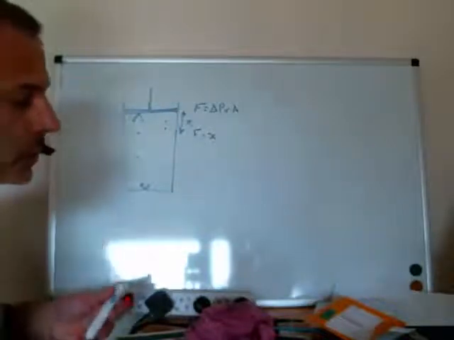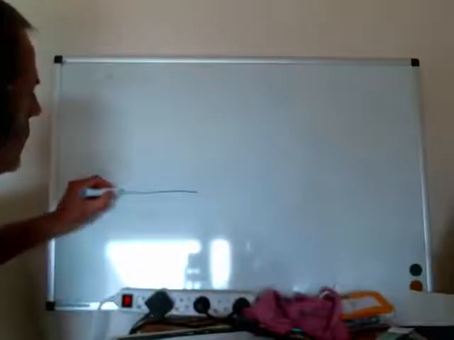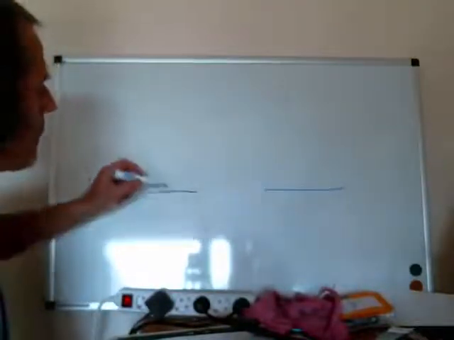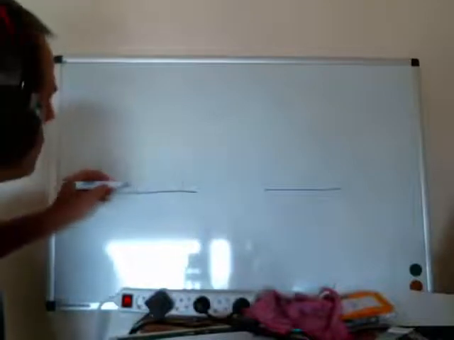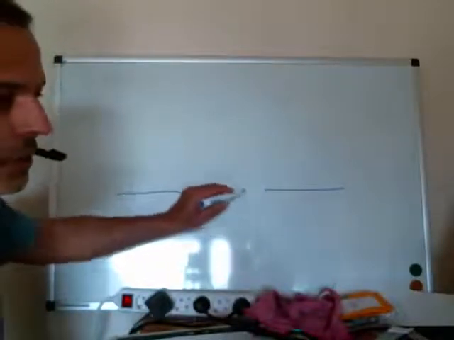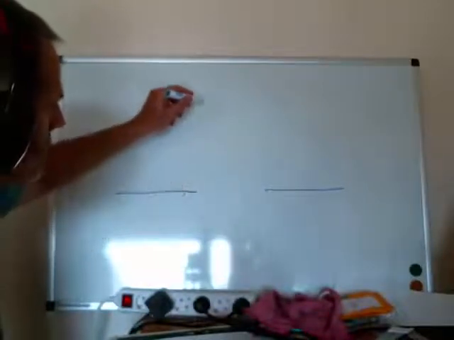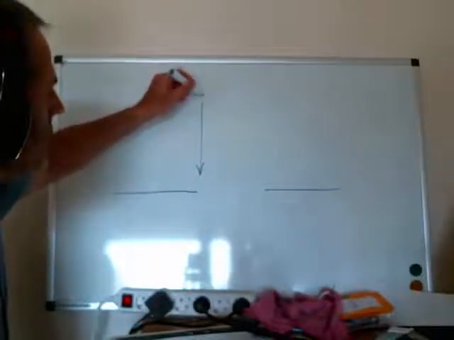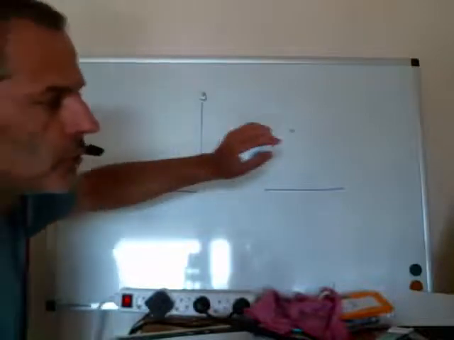In both the Earth and the centrifugal vortex tube, we have a low energy down at the bottom and a force, which in this case is gravity. Let's have small g for that.